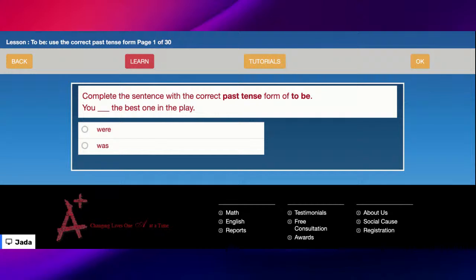All right. They were jumping together. It's a good sentence. Now send me your answers for this. What's the answer here for this one? Okay, you were the best one in the play.